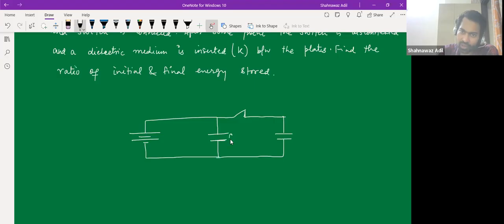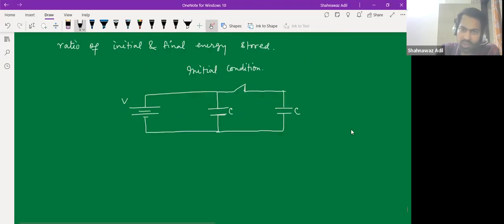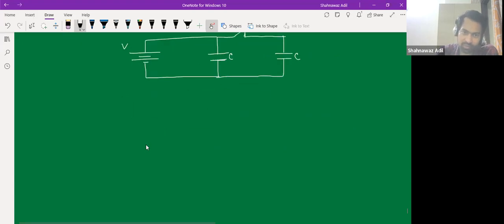So this is C, this is C, and this is V. This is the initial condition.